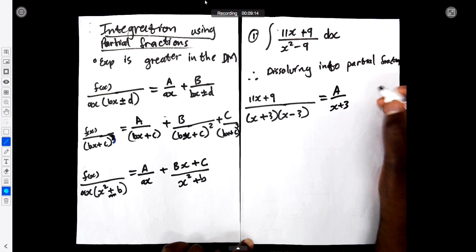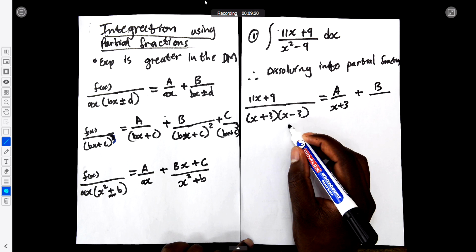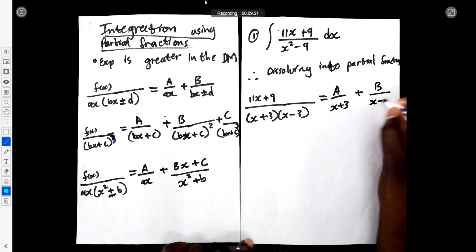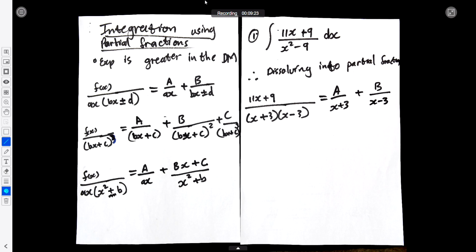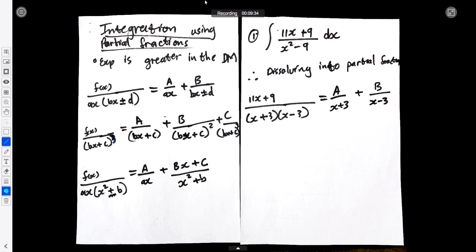The second term, plus B all divided by the second factor, which is x − 3. Why are we utilizing partial fractions? Because we need to calculate the values of A and B.